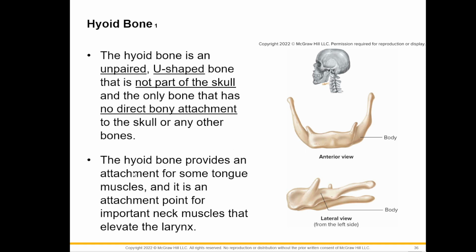It serves as an attachment for some tongue muscles and important neck muscles. So even if it is not attached to any other bones, it serves a purpose as attachment to tongue and neck muscles. Yeah. So it's usually found at the neck area.